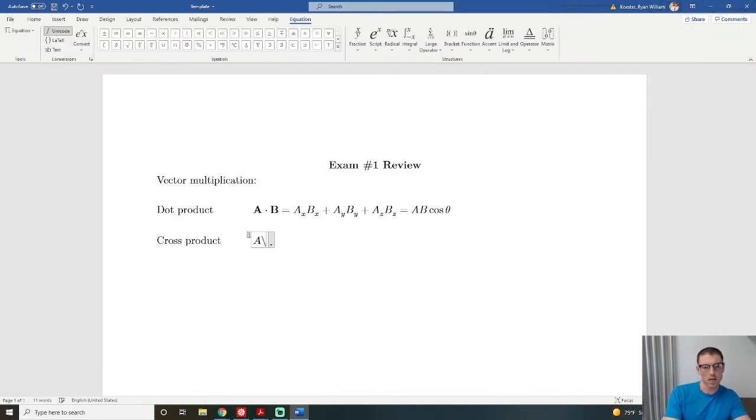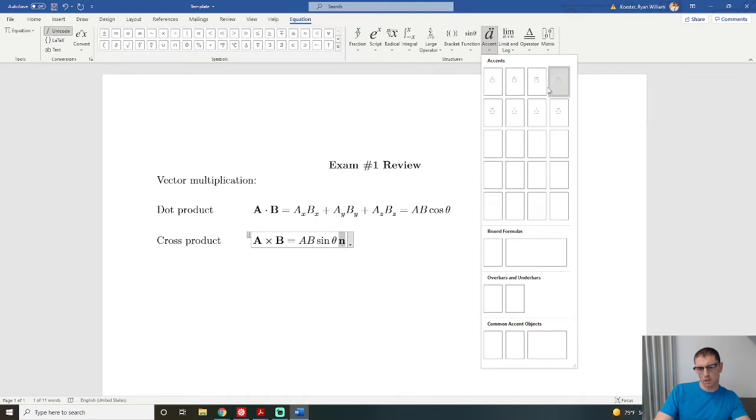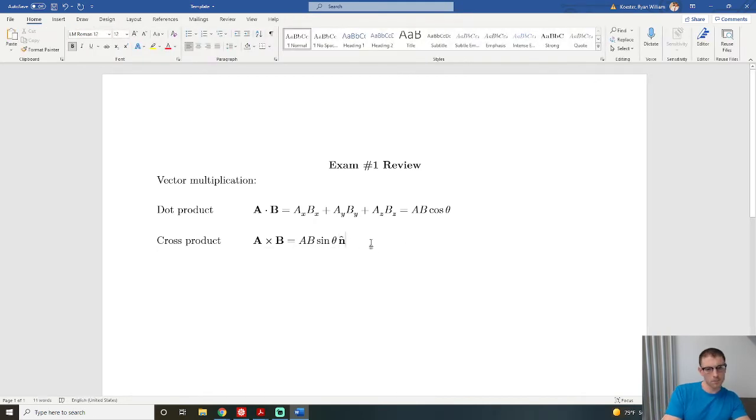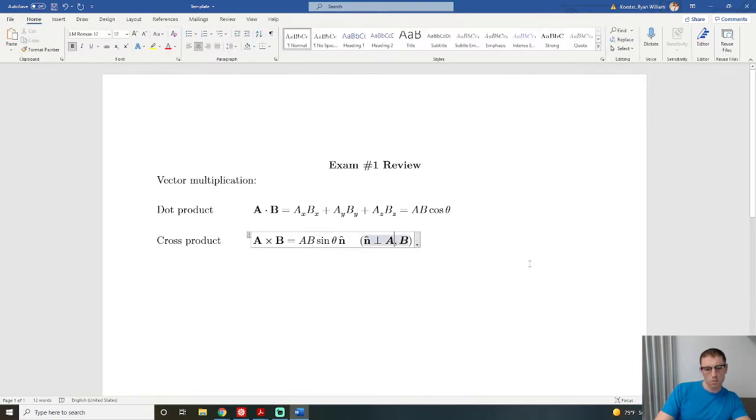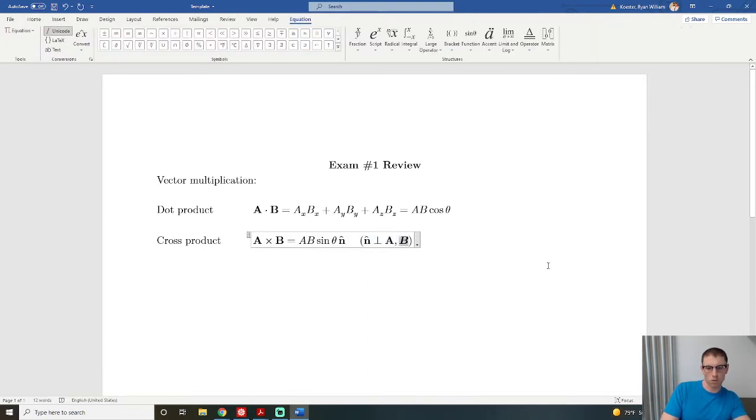Okay, let's talk about the cross product then. I'm going to say A cross B, and the way that I would write this is AB sine theta, and then n hat, where n hat is perpendicular to both A and B. Now, the important thing to remember about the cross product is the right-hand rule.